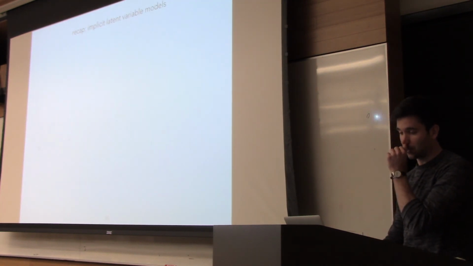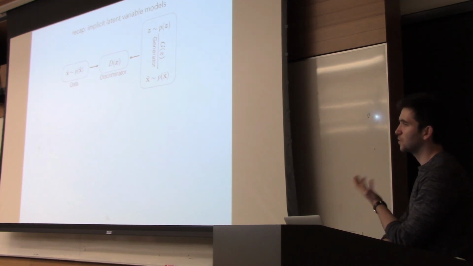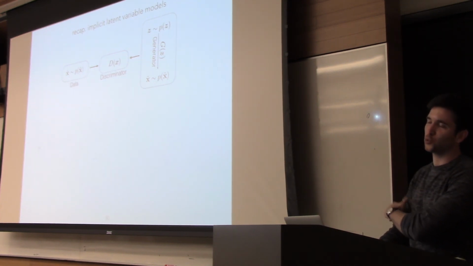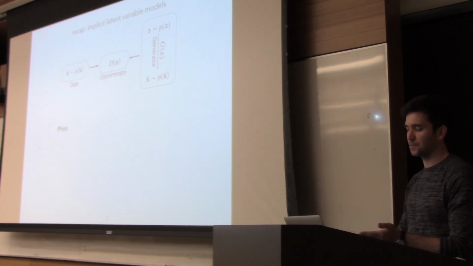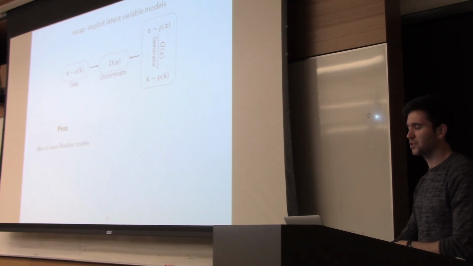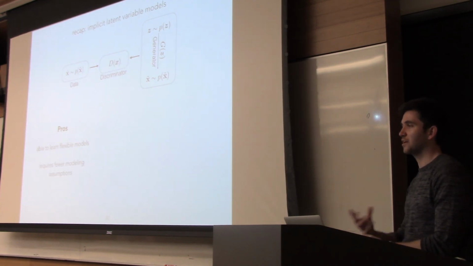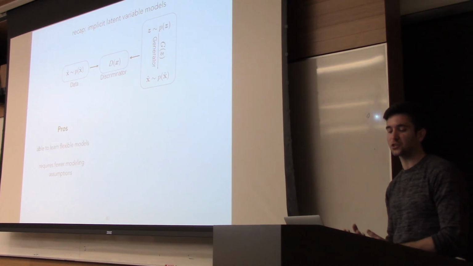So let's recap implicit models. This is the general setup, at least for GANs, where you're trying to directly generate the example. The pros of this method are that you can learn these very flexible models without having to define some explicit probability distribution.